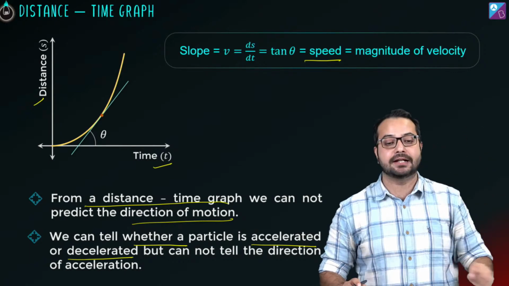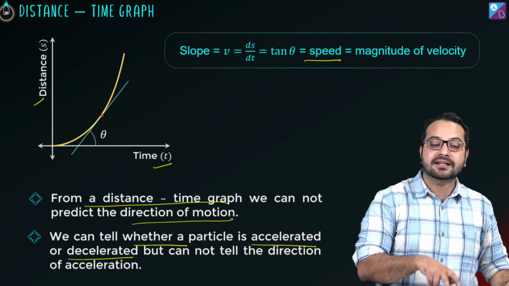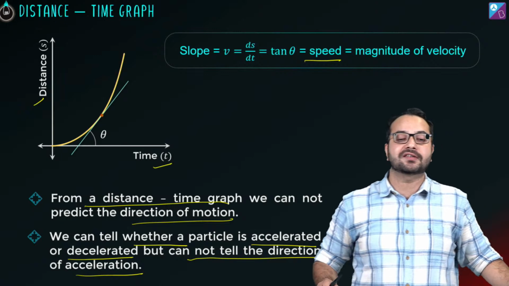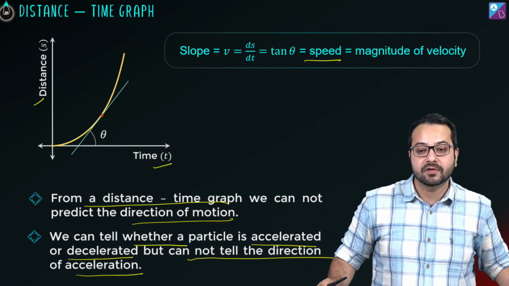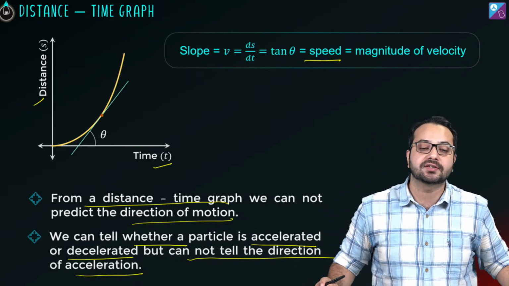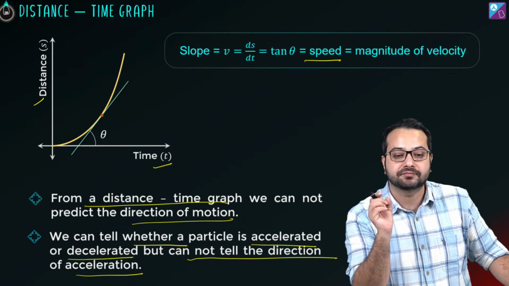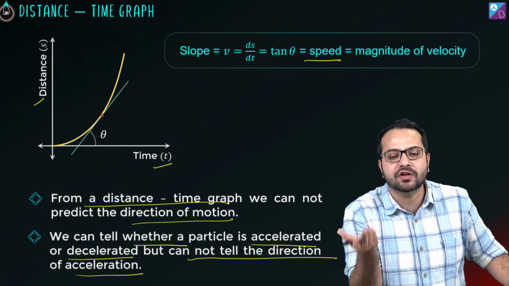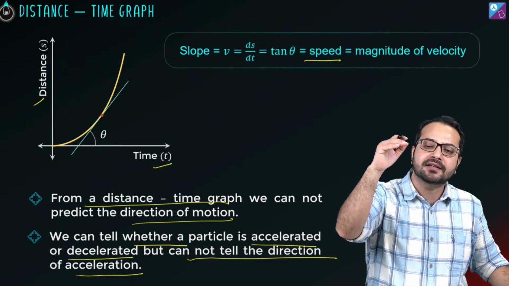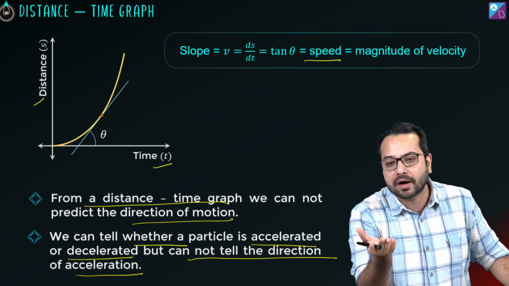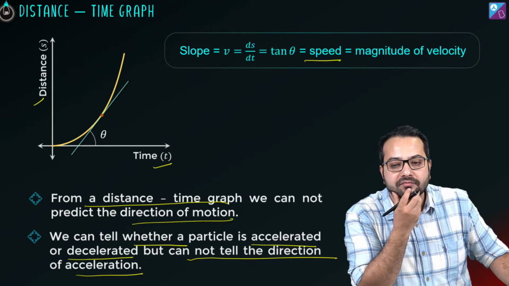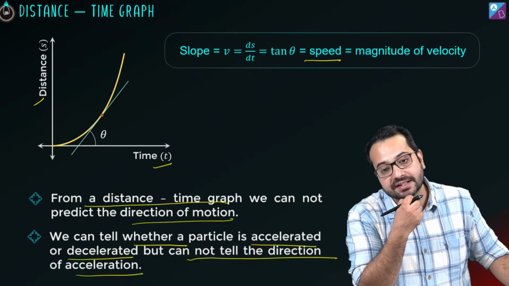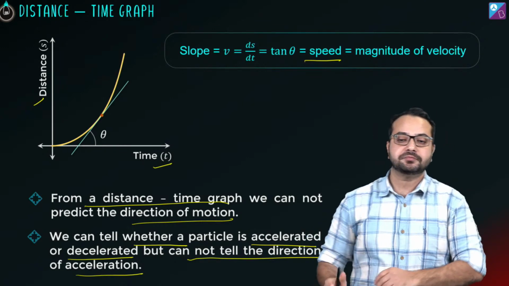But we cannot tell the direction of acceleration, because I have no idea about the direction of the particle. I can say that the speed is increasing or decreasing, but I have no idea in what direction the particle is moving. Is that correct? Clear? Any problem?